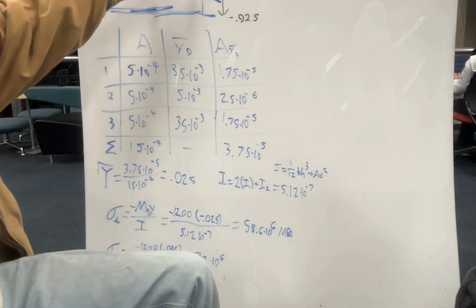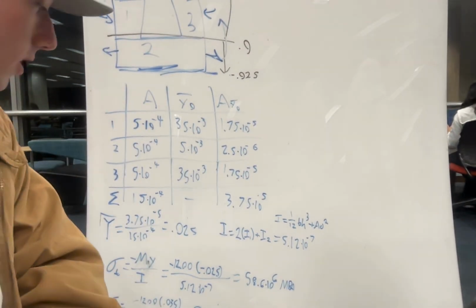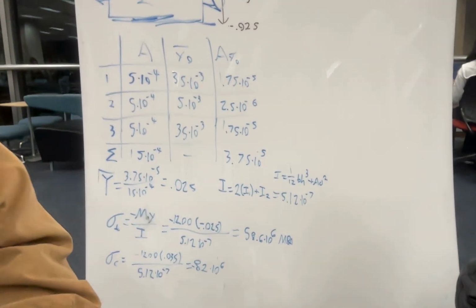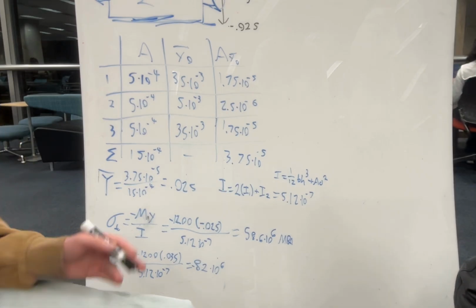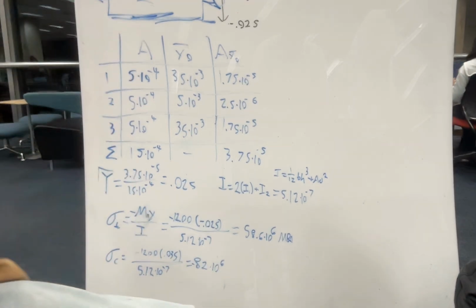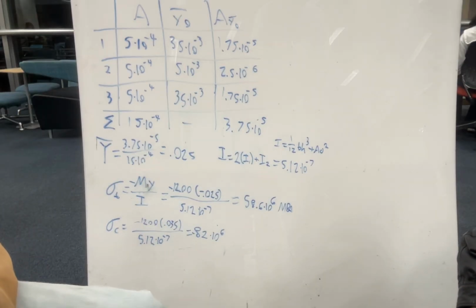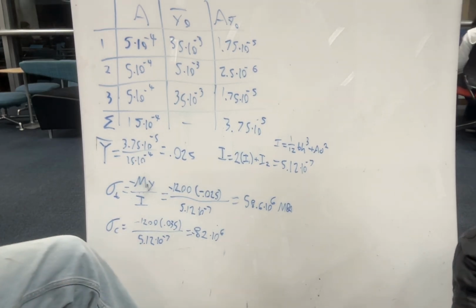So we take this distance up here, the negative 0.025, and plug that in, and you get 58.6 times 10 to the 6 megapascals. And then for the compressive, we'll use the positive global centroid value, which was 0.035. Plug it in all over again. You'll get negative 82 times 10 to the 6 megapascals, and that's the compressive force.